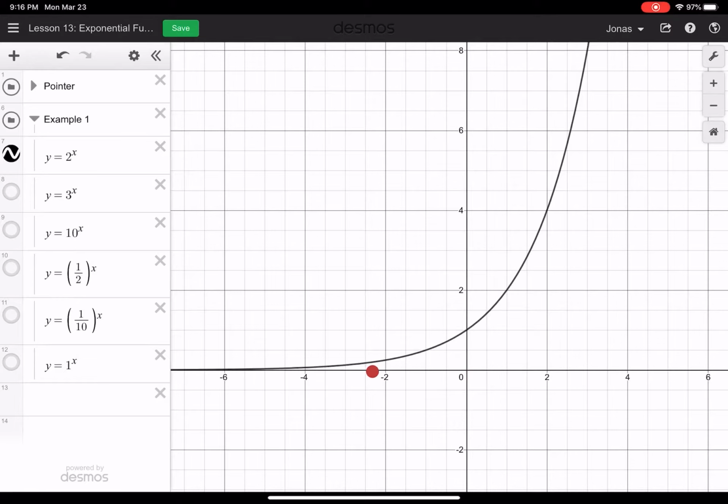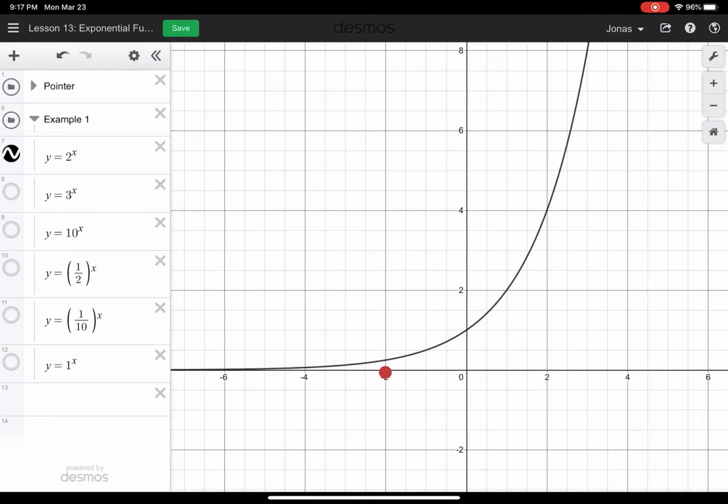And when we plug in negative numbers here, we need to be aware of the rule for raising things to negative powers. If we take the number 2 and raise it to the power negative 2, the effect that that negative exponent has is to flip the whole thing to the bottom of a fraction. So instead of 2 to the negative 2, we think of it as 1 over 2 squared, which is 1/4. And 1/4 is a positive number, but not a very big positive number.